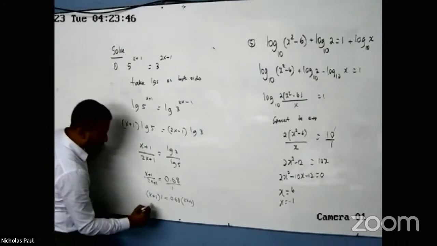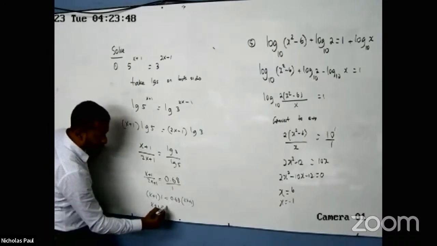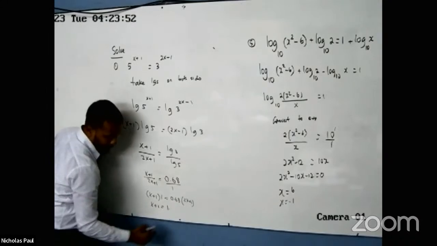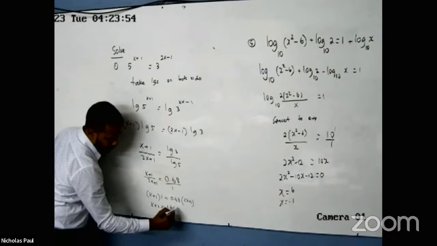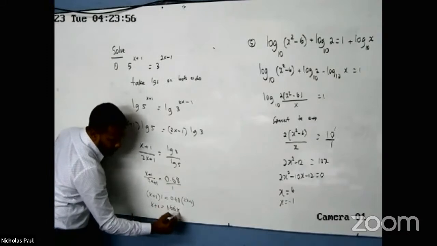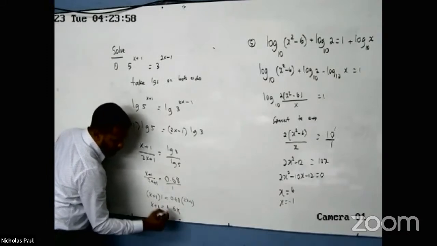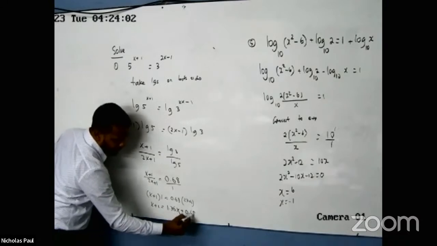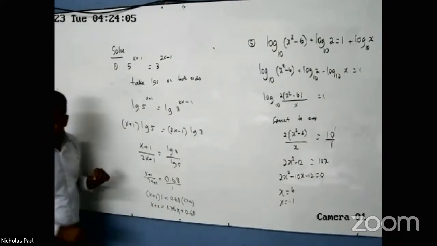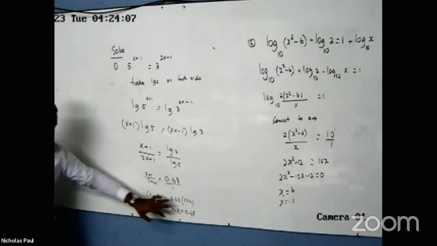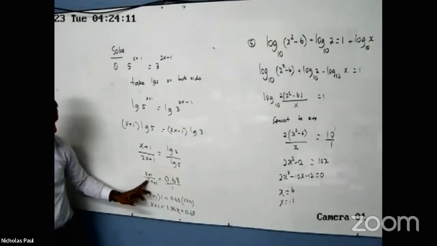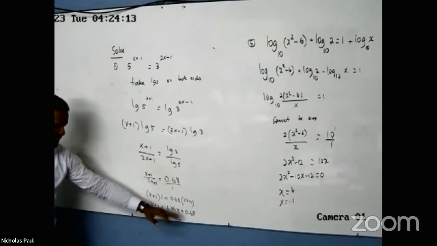So you multiply it out, you'll get x plus 1 is equal to 2 by 0.68 plus 1, which is 1.36x plus 0.68. And looking at this, we have bad numbers, but the principle is basically you expand it out, you bring all the x's together and you solve.